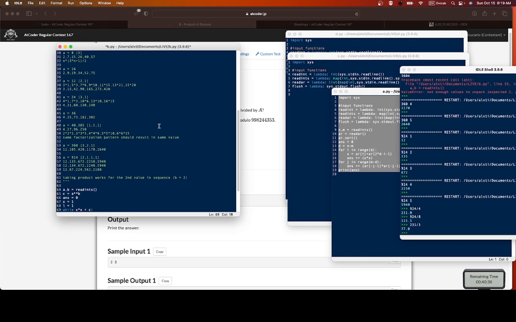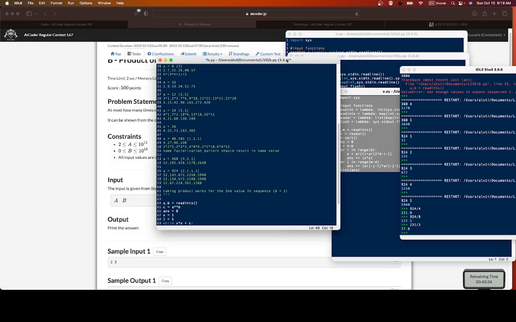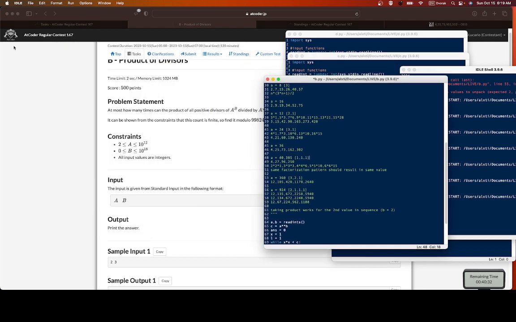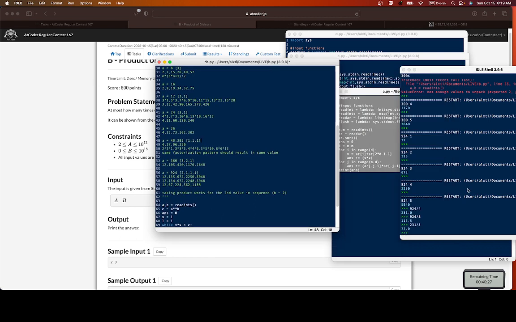Okay, we only need... Okay, question number 1. How many primes do we need? We need the primes up to the square root of 10 to the 12.